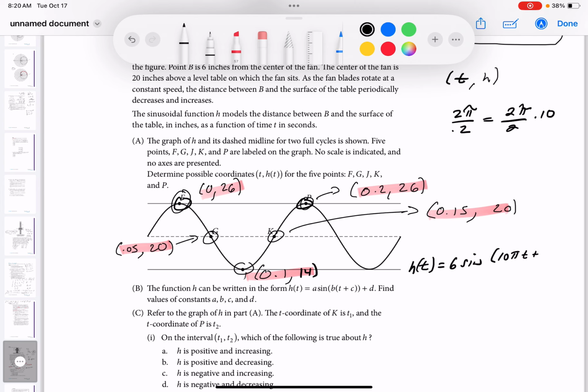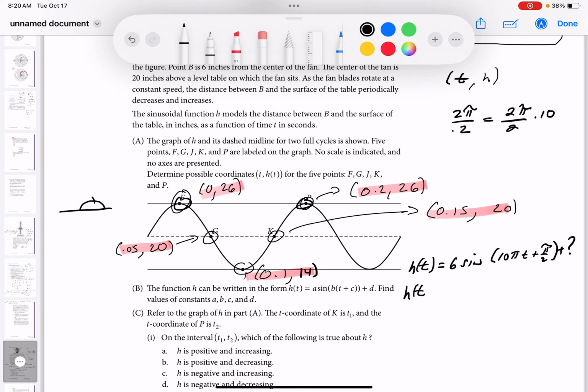And I'm going to say they shifted it by, let's say, because if I thought about the sine function, it looks like this over here. So they kind of shifted it over, all right? How much did they shift it over? I'm going to say pi over 2, all right? Pi over 2, right?